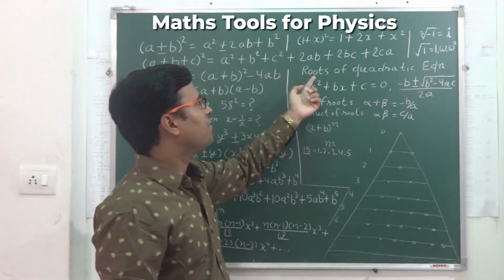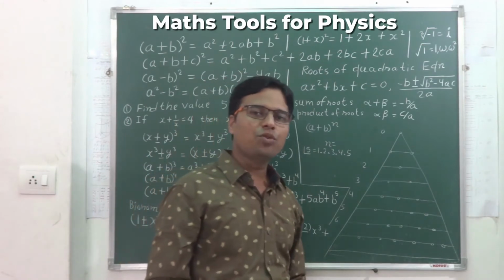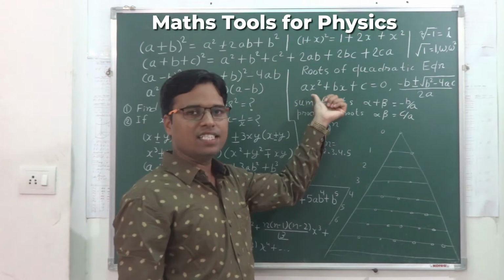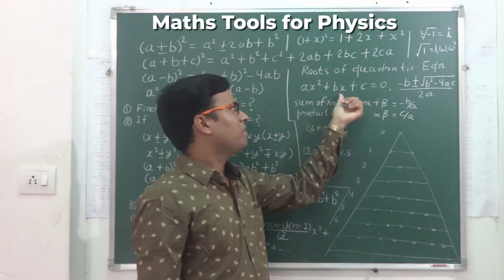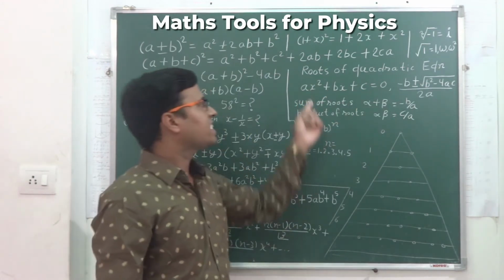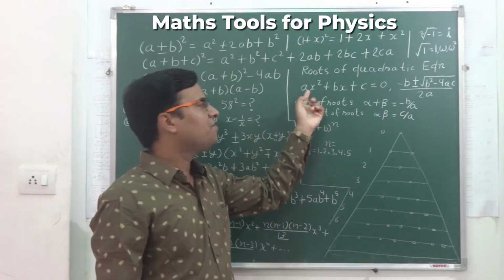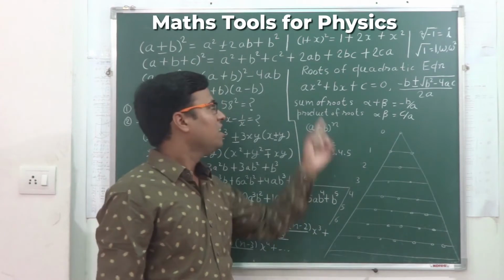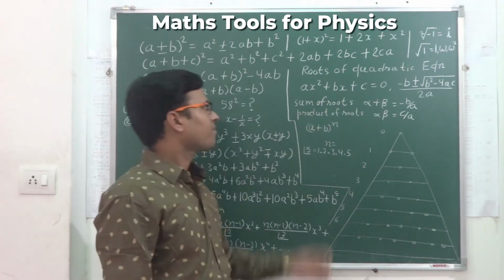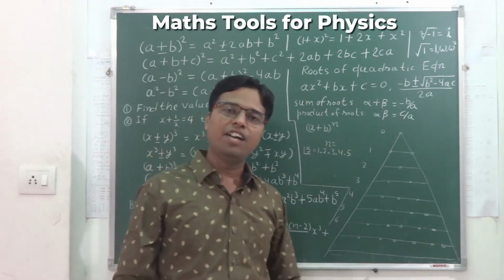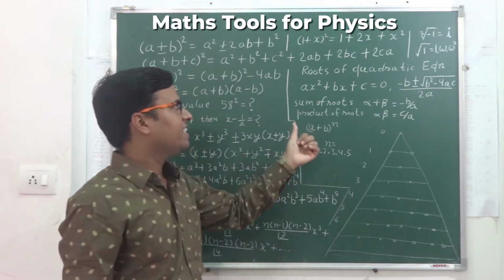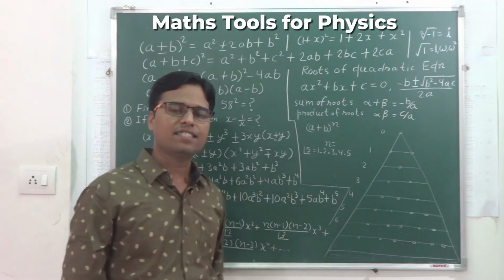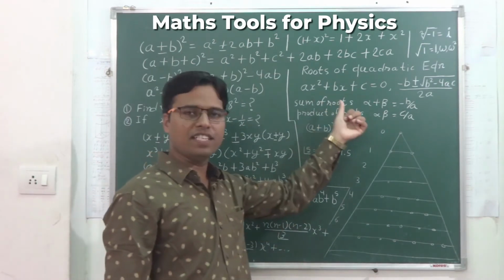But if we want to get the roots of a quadratic equation, ax^2 + bx + c, where x is the unknown value, we want to get the value of x which satisfies this equation. A, b and c have some constant values. Then we will get the values of x, which are known as the roots of this equation.